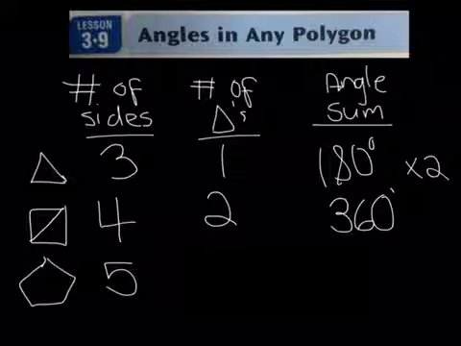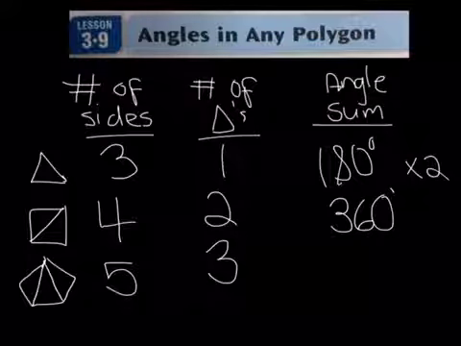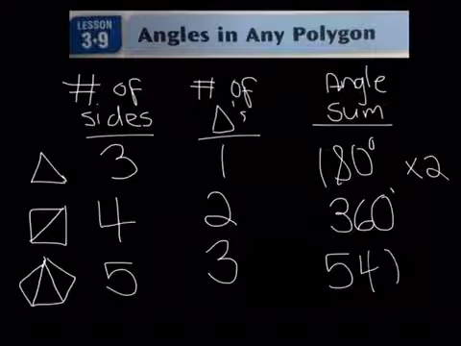Okay, and how many triangles can we fit in the pentagon? Okay, I can go from here and draw one there, and then split this one to draw another one there. So I have 1 triangle, 2, and 3. I have 3 triangles, and well, what's 3 times 180? You should have 540 degrees.